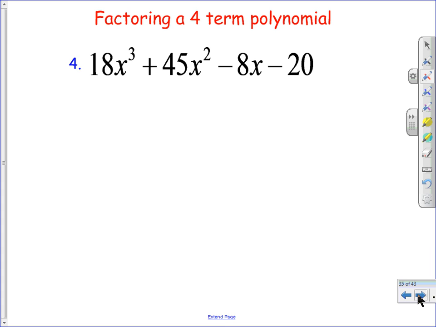And our final example, number 4, 18x cubed plus 45x squared minus 8x minus 20.